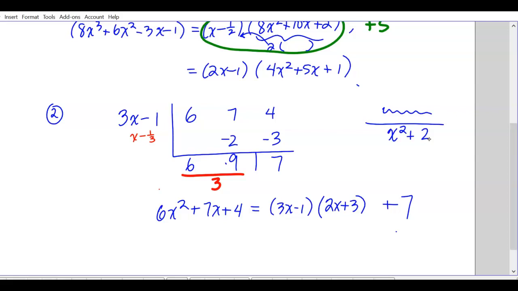So synthetic is only good for x minus something, for ax minus b, like degree 1 divisors. For this, you have to use long division. So just be aware, synthetic is good only for linear divisors. All right, so that's where I'll stop it.